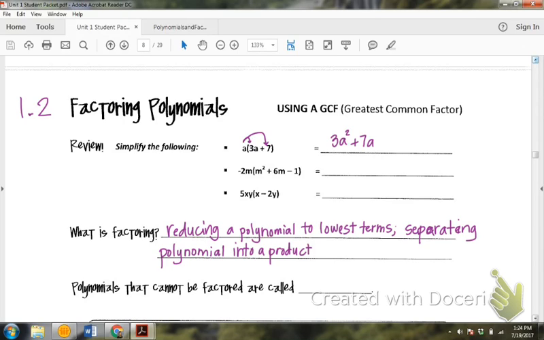Go ahead and try the second example there. Remember, we're going to change our exponents. Negative 2m cubed. Negative 12m squared. Good. And then don't forget we have a negative times a negative. So that becomes positive 2m.